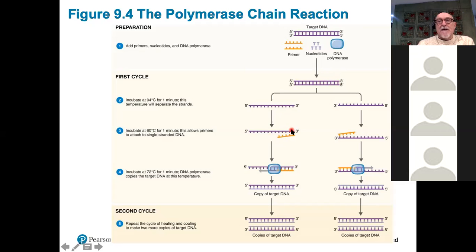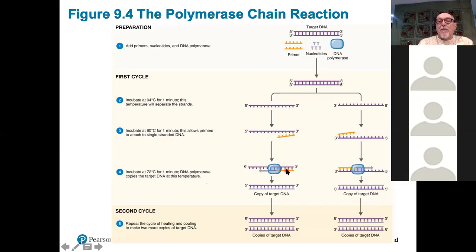To get it to stick, we lower the temperature to about 60 degrees Celsius. And during that time, the primers stick on, and we call that annealing. So the primers stick on. And now we raise the temperature again, and we raise it to 72 degrees Celsius, because a 72 degrees Celsius temperature cues the DNA polymerase to start working.